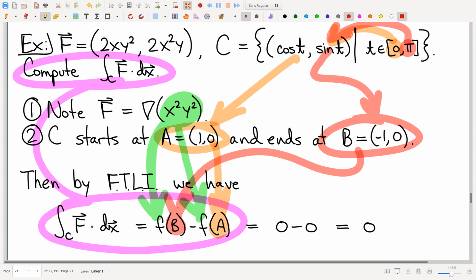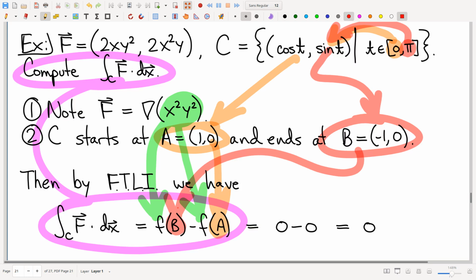So f is given, a and b are easily identified. Plug and chug: f of b minus f of a. Your answer is 0. Notice in all of this work, no trig, no half-angle formulas, and the resulting annoyances.